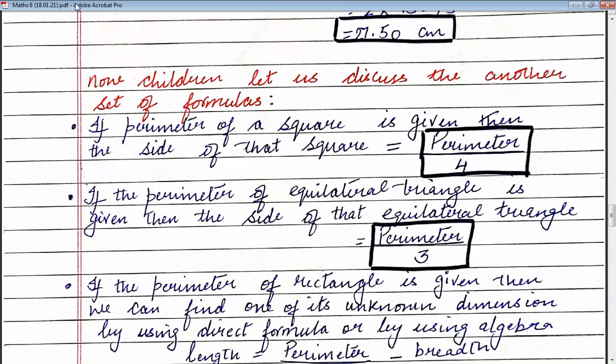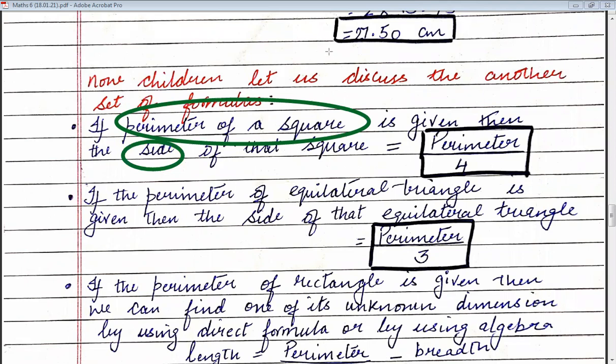Now children, in the question, sometimes we are given the perimeter of a square. In the question, the perimeter of a square is given and we have to find its side. What do we have to do? We have to find its side.